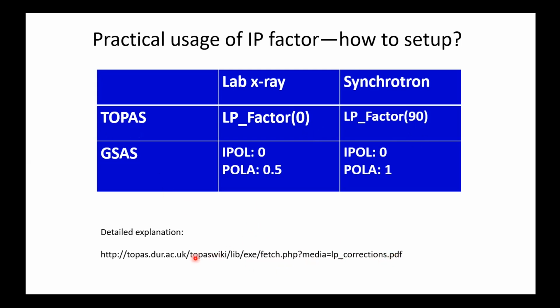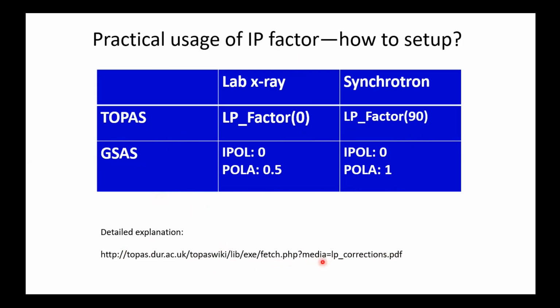So Alan systematically compared how the LP factor is treated among 3 softwares: Topaz, GSAS, and Fullprof. Because I've never used Fullprof, I didn't put Fullprof here, but I used GSAS quite a lot and also Topaz quite a lot recently, so I just list these 2 softwares.